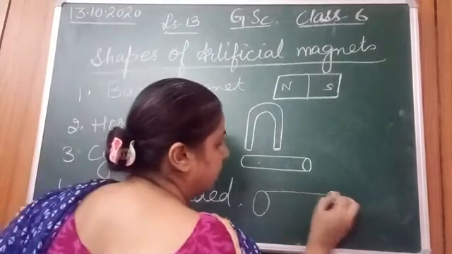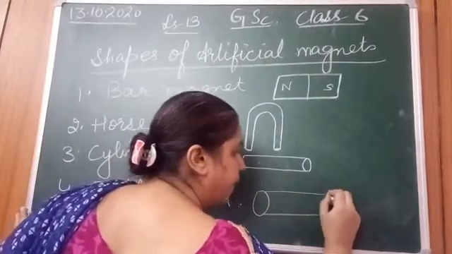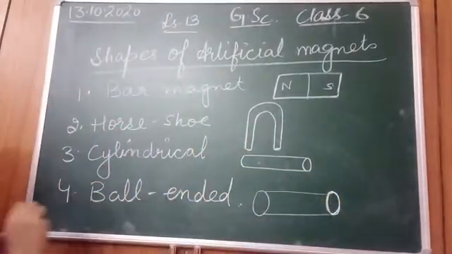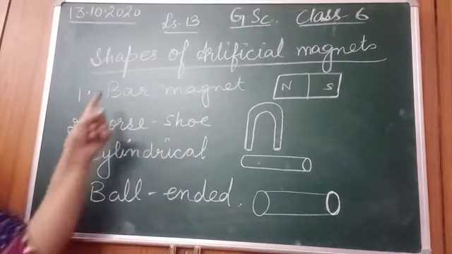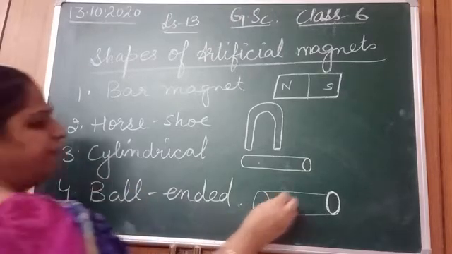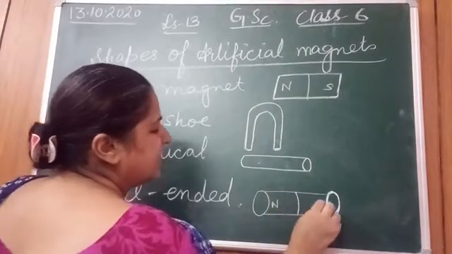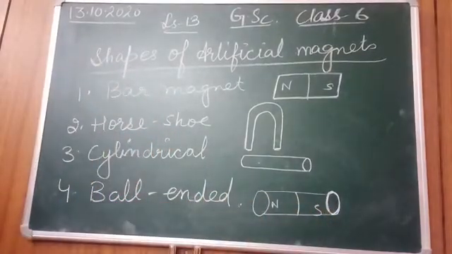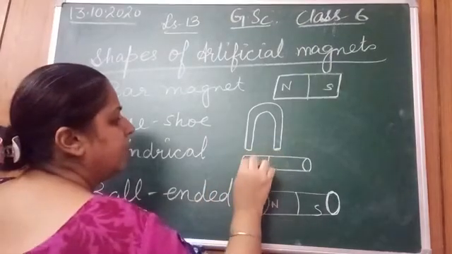Like this, right? These are the different shapes of artificial magnets that are present nowadays, right? In all we have north and south. This is north, this is south. In the same way, here we have north, we have south.